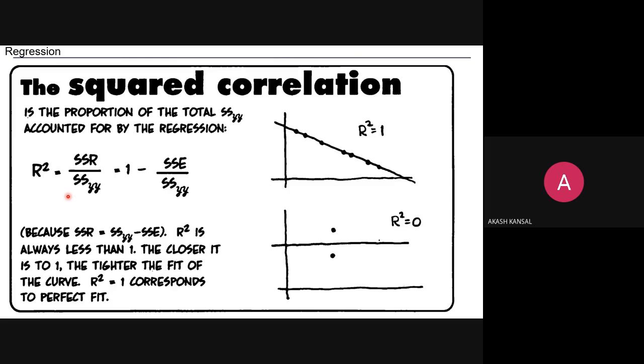We can see from here that R squared will always be less than or equal to 1, and the closer it is to 1, the lesser the SSE is, so the curve fit is very good and the tighter the fit. R squared equal to 1 corresponds to a perfect fit.